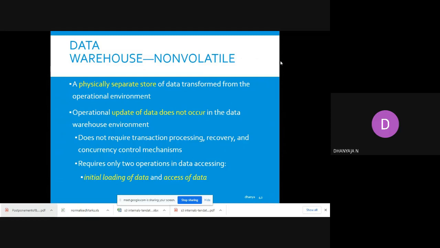And two key operations in data accessing are initial loading and access of data. There are some typical tools for doing data warehousing. They are Amazon Redshift, Microsoft SQL, Teradata, PostgreSQL. All these are some examples for data warehousing.